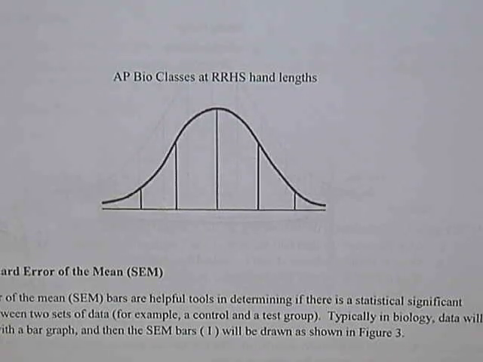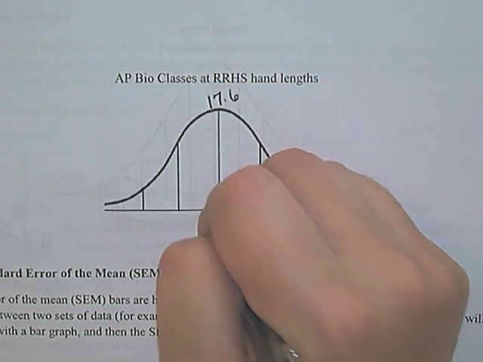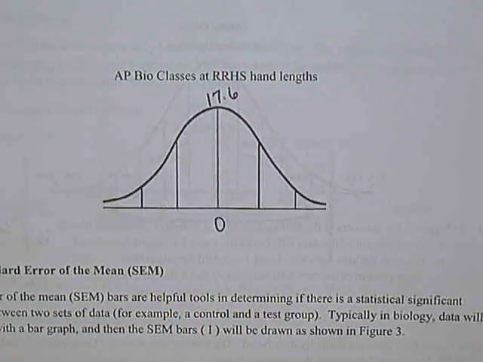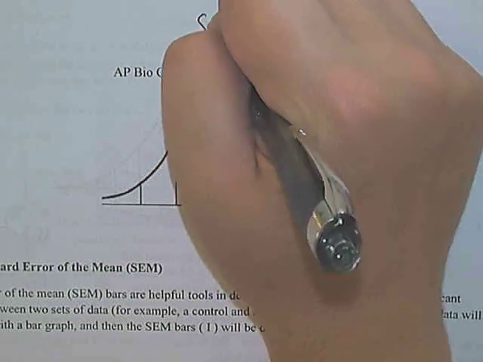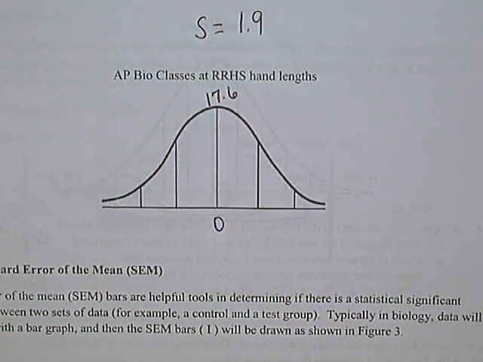So at Round Rock High School, our average hand size was 17.6 centimeters. So that is our mean. And each standard deviation is 1.9. And when we go above and below the mean, what we're going to do is add and subtract these values from our data.